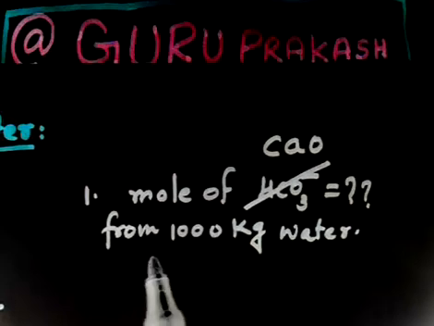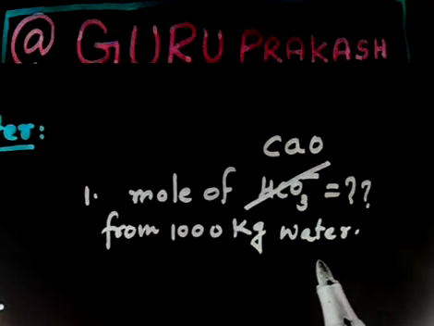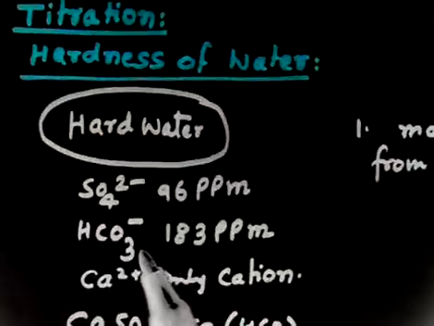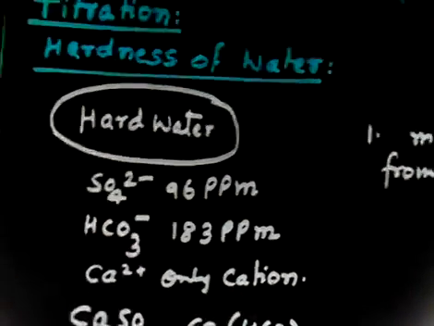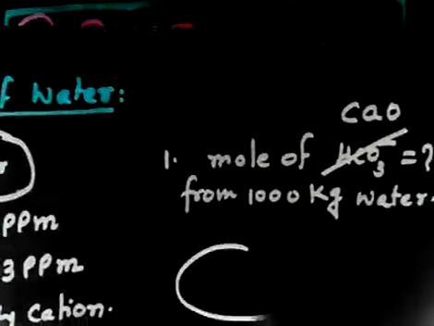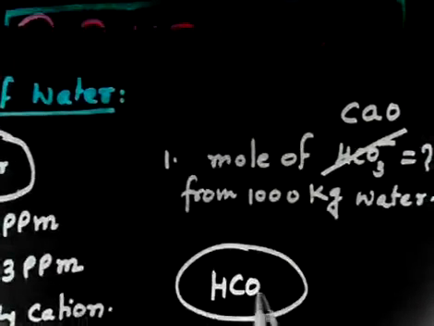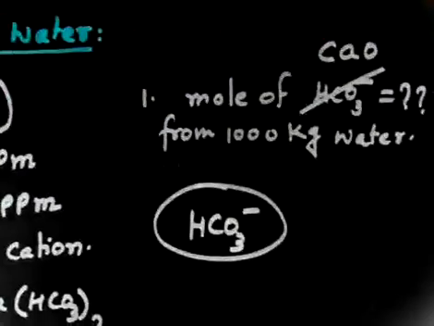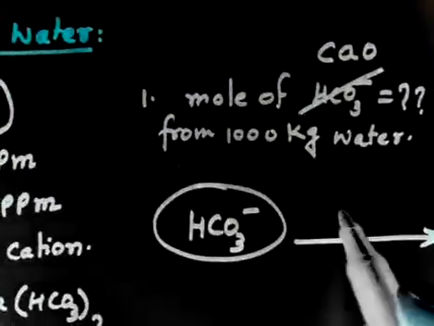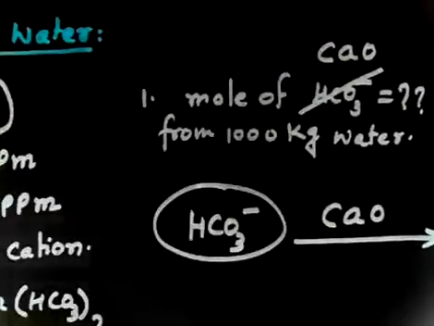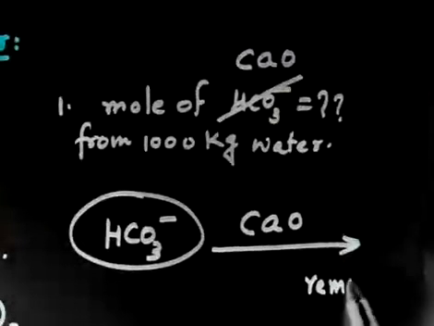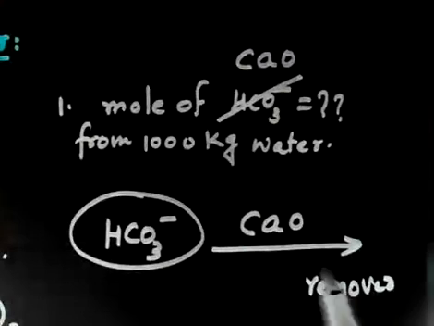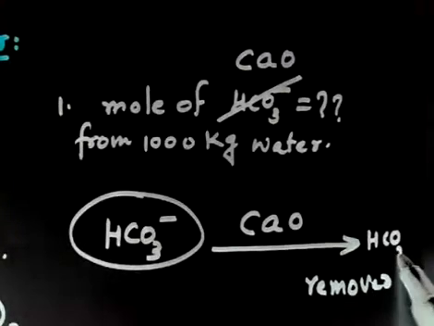So I have 1000 kg of hard water and I want to remove only HCO3 minus. To remove this HCO3 minus, we are treating the sample with CaO, and the HCO3 minus gets removed.